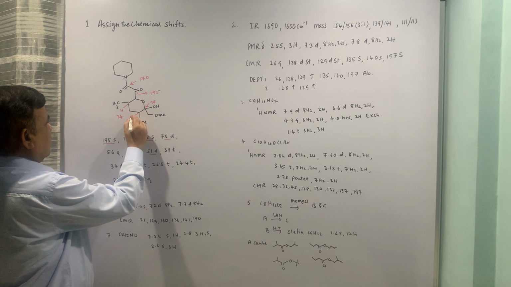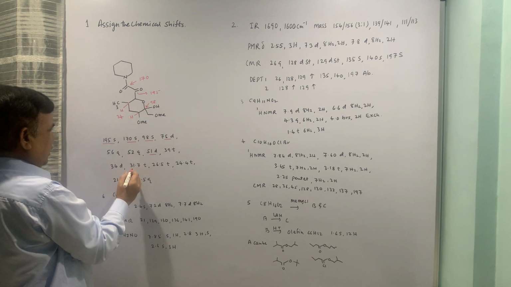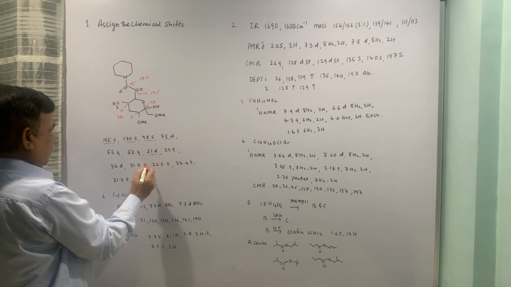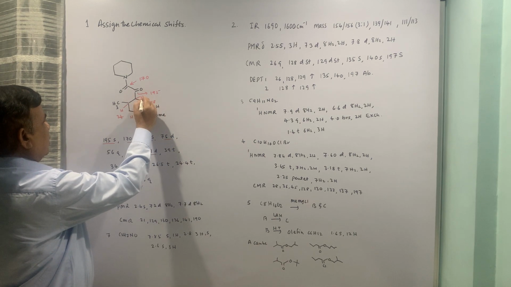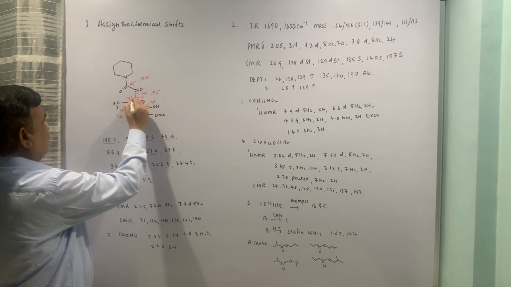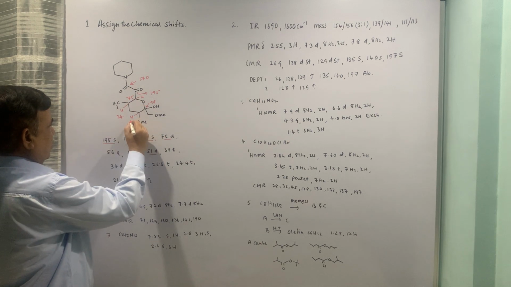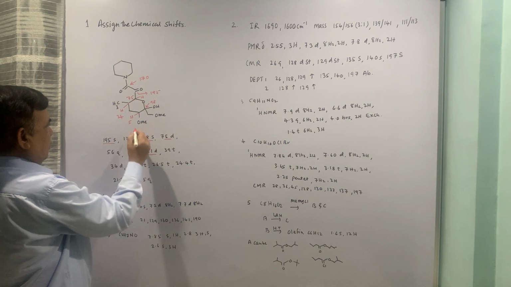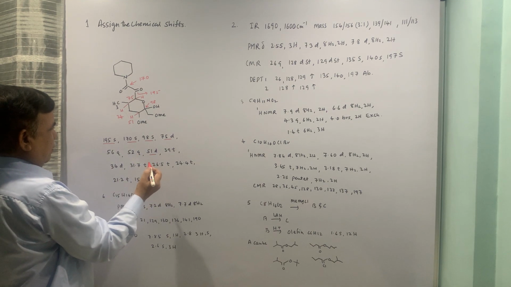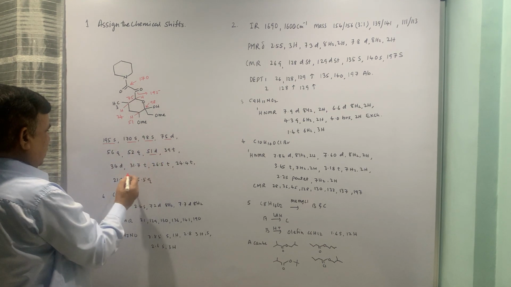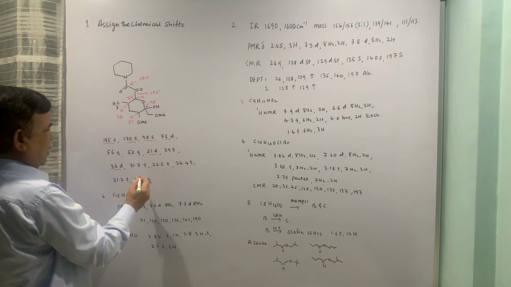This H I am drawing, so that means it is doublet. 75 is this one, this is 75 doublet. 34, this is 51 doublet. Yeah, this 34 is also assigned.